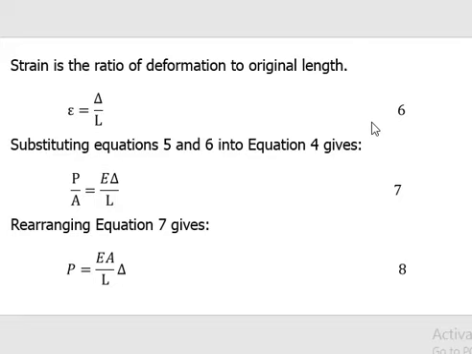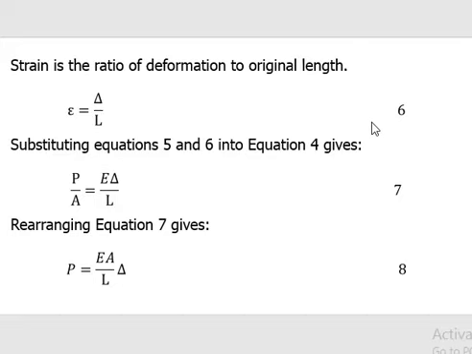Another mechanical property we are introducing is the strain. Strain is the ratio of deformation to the original length of the member. This is evident on equation 6, where epsilon equals delta, that is the deformation, divided by L, which is the original length. Substituting equations 5 and 6 into equation 4 gives what you have on equation 7.